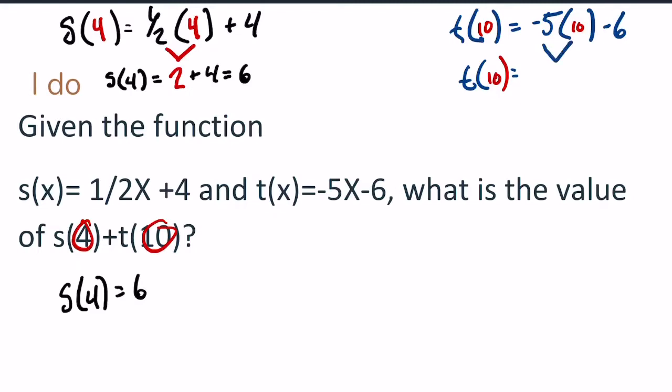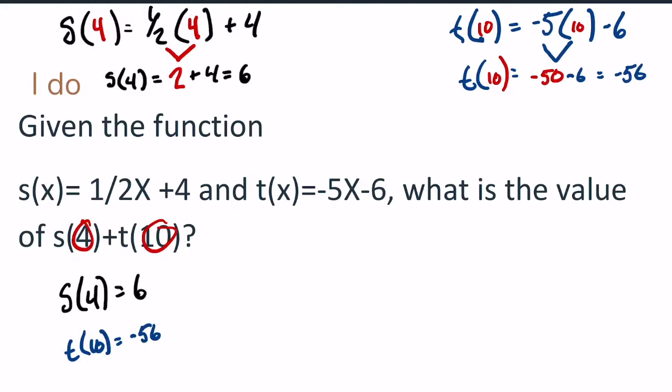Negative 5 times 10 is negative 50 minus 6. And just going through here, negative 50 minus 6 is negative 56. So here, t of 10 gives us the output of negative 56.